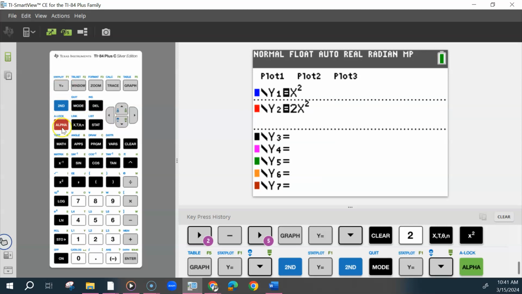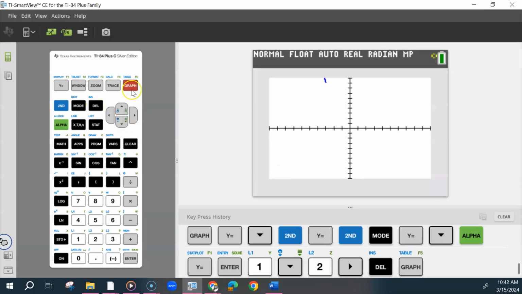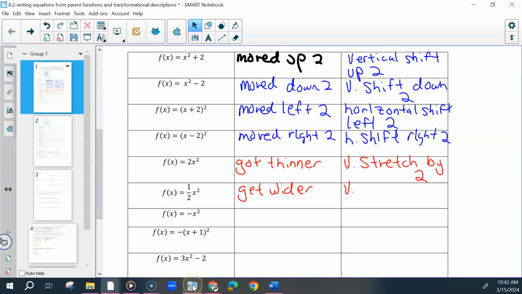If you type in one half x squared, that'll change that to a fraction. And you can see it getting wider. That's a vertical compression. It's going away from the y-axis, so the further away it gets, it's compressing. Right? Write that.